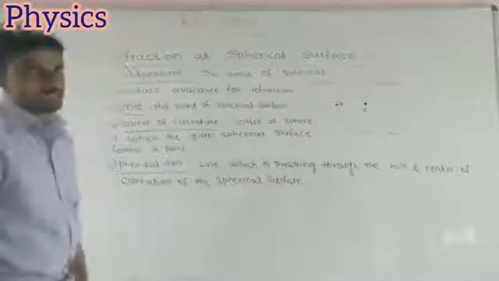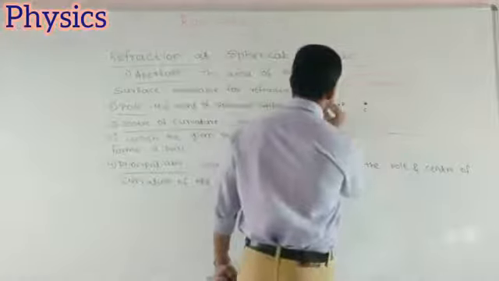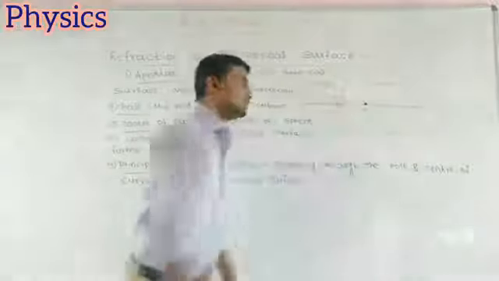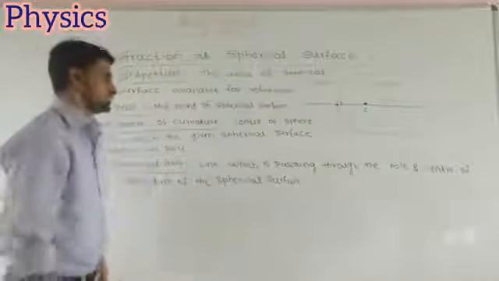So it is just a line, and that line which passes through both the pole and center of curvature of the spherical surface is called the principal axis.